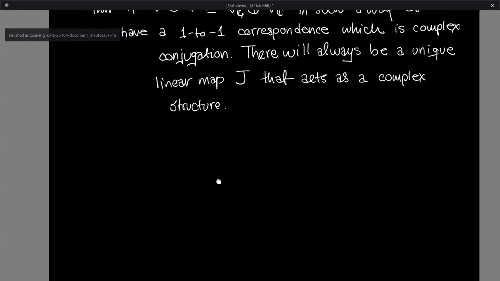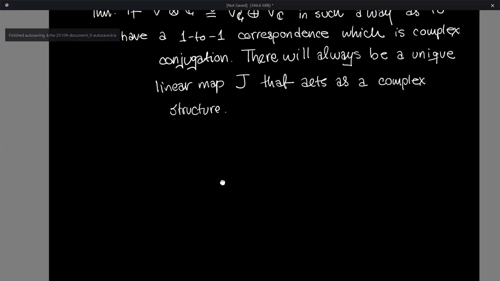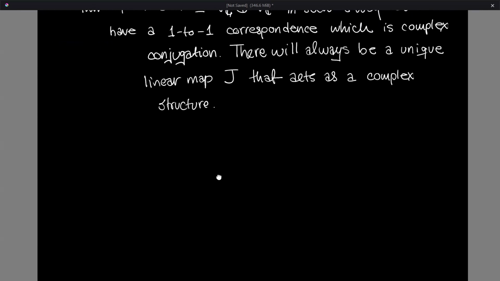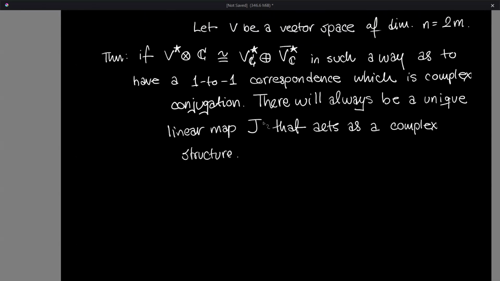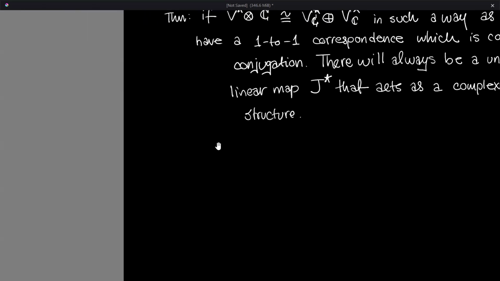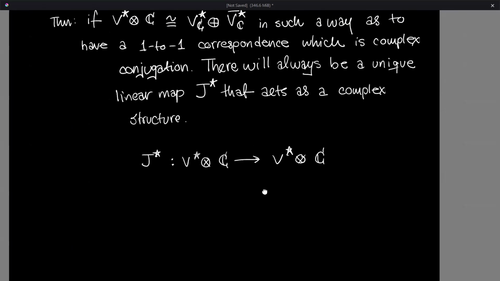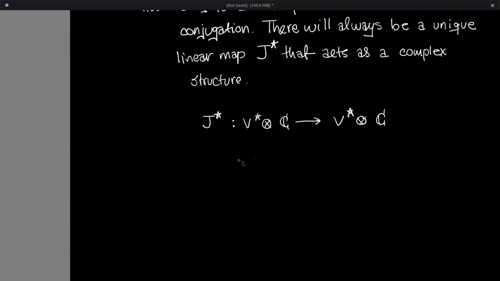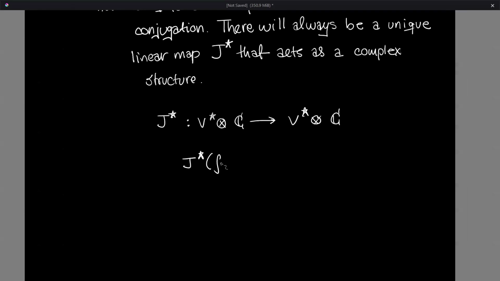Okay, so first of all let's hypothesize. So this should be J star. I did not change all of the J's to J stars. So V star cross C goes to V star cross C. Let's define this as J star of phi.